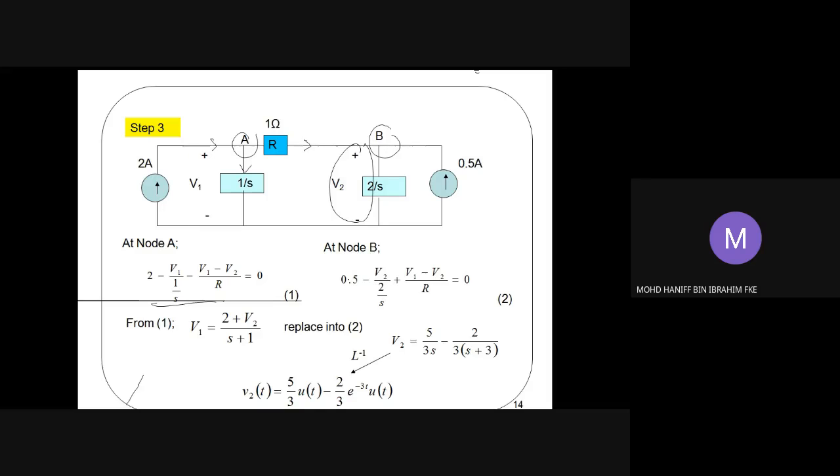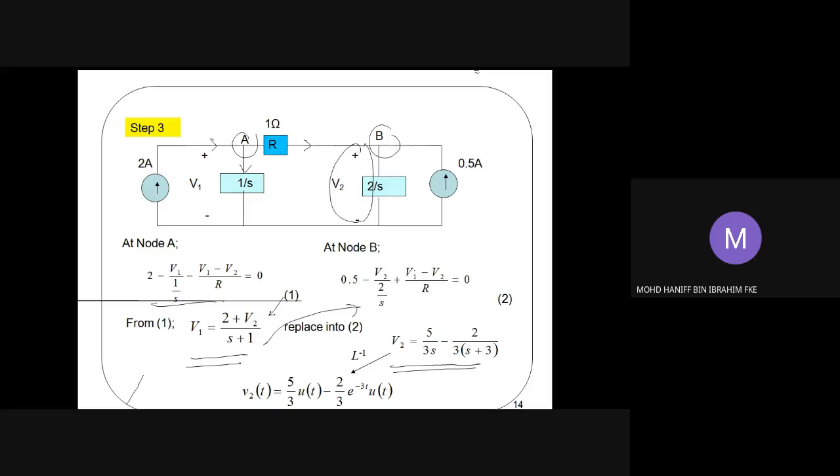At node B, the KCL equation is 0.5 current, negative V2 over 2S, plus V1 minus V2 over R equals 0. From equation number 1, which relates V1 and V2, the voltage across the capacitors, we substitute this relationship into equation number 2, so we obtain only V2.